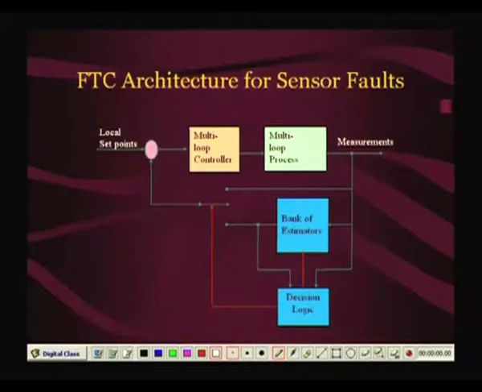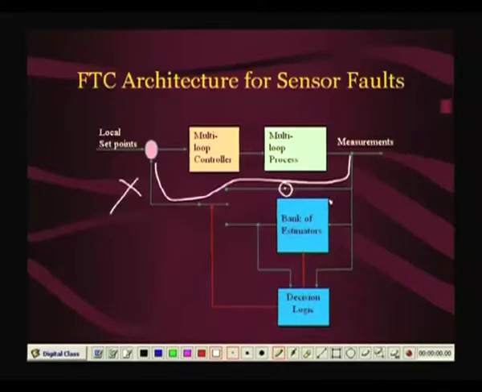The sensor is feeding back a signal like this. Now, if there is any fault here, then suddenly this loop path will be broken and this will become open loop, that will completely destroy the control.